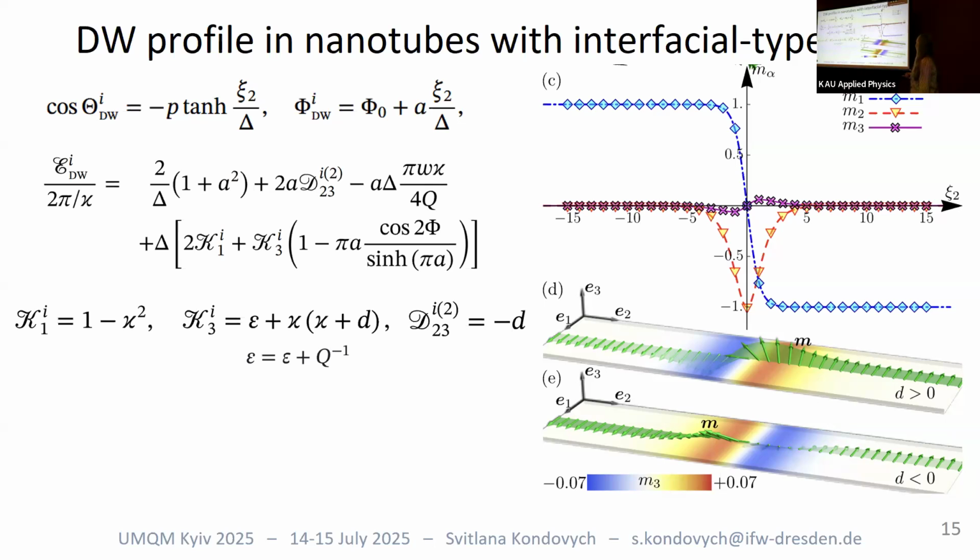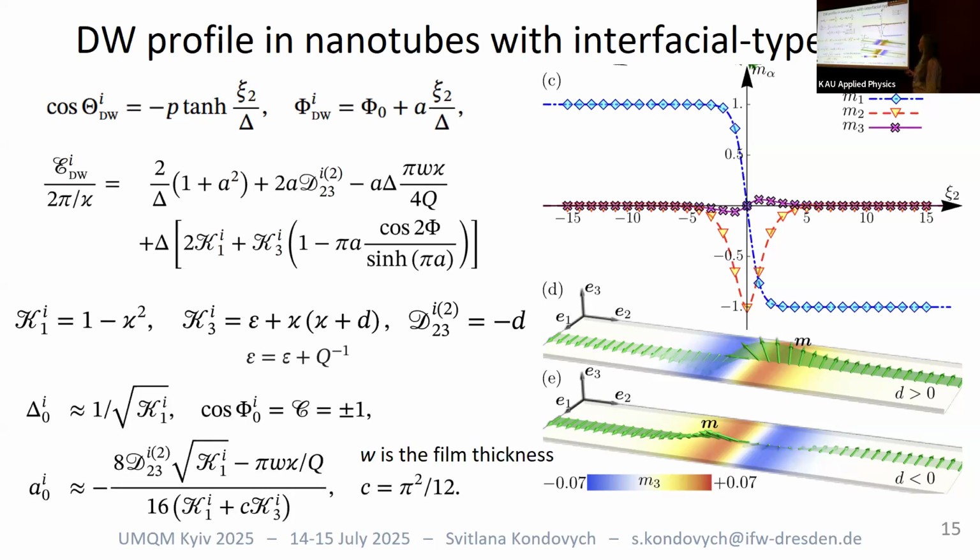However, in this case, dipole-dipole interaction also adds to the equilibrium value of the phase slope. In fact, it is not a chiral effect, so magnetostatics does not generate any chiral effects in these situations. This phase slope remains the same for domain walls of any chirality.